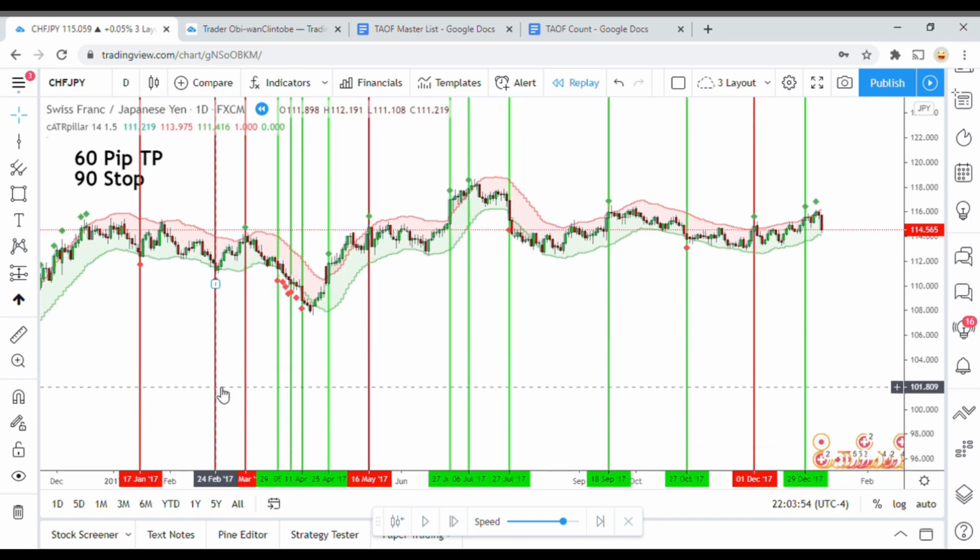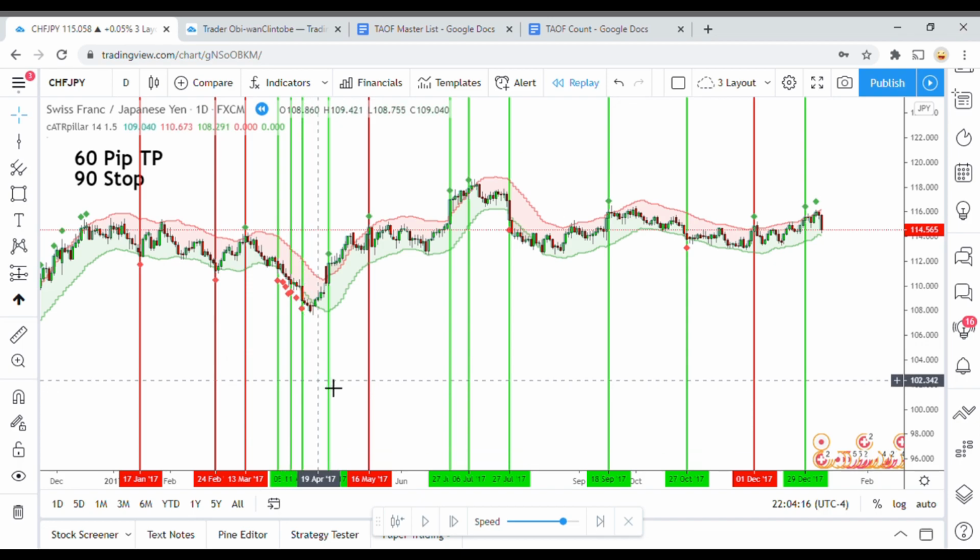All right. So we have 1, 2, 3, 4, 5, 6, 7, 8, 9, 10, 11, 12, 13, 14, and 15 trading signals all together.